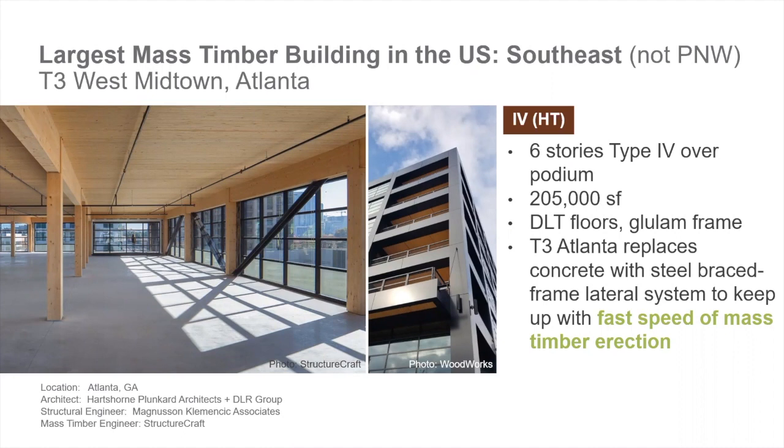Please note here, this is 6 stories of type 4 construction over a concrete podium, about 205,000 square foot. Now this is a DLT system, a dowel laminated timber floor system, as an alternative to a cross laminated timber floor system.